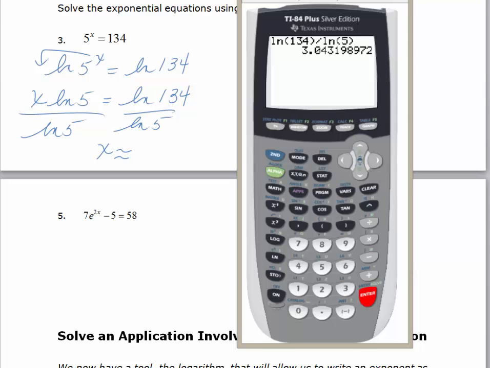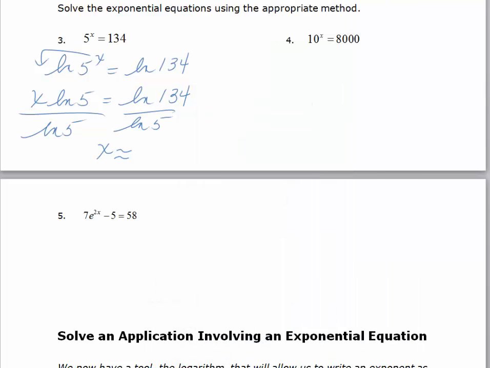Alright, let's solve 10 to the x equals 8,000. We're going to use the log, which is implied base 10, so we're going to take the log of each side. Remember that there is a 10 there, it's just implied. The log base 10 of 10 to the x is just x.